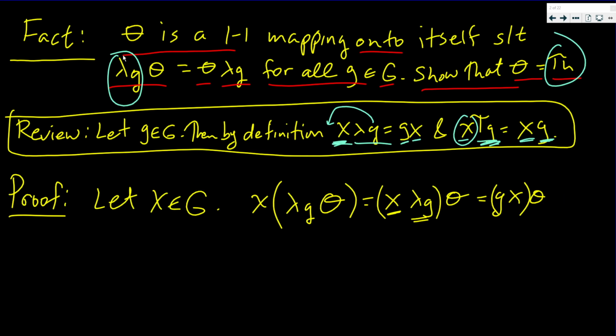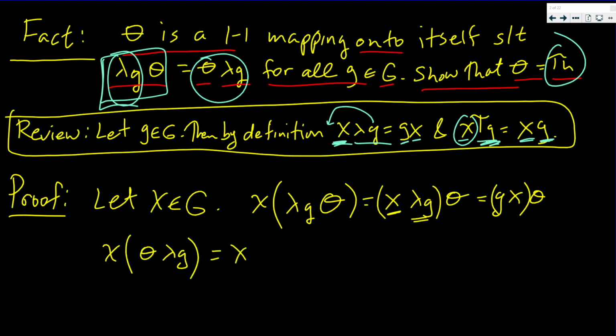We just looked at this mapping. Now let's look at the other mapping. Set x operated on by theta lambda g. First x gets operated on by theta and then by lambda g. But what lambda g does is it multiplies that on the left by g, which becomes gx theta.